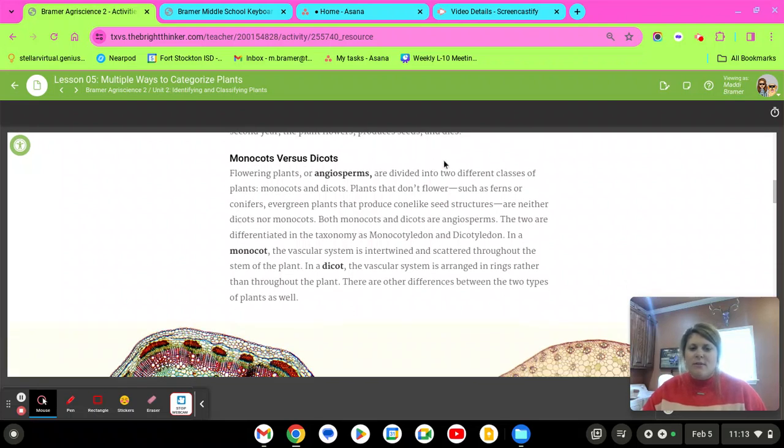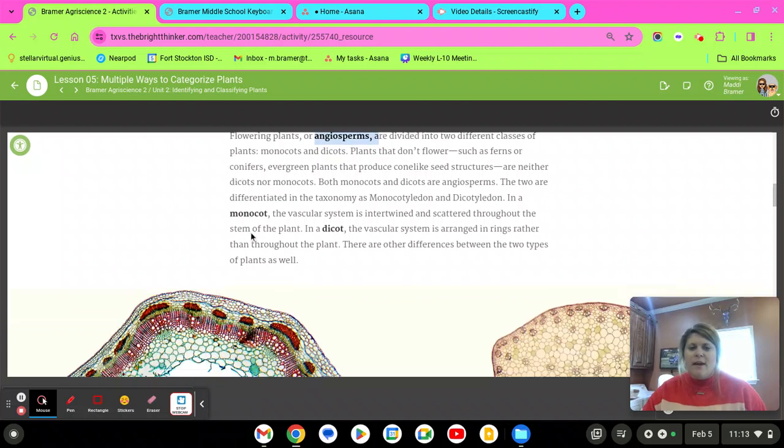Then there's monocots versus dicots, another common way they're classified. Flowering plants, which are also called angiosperms, are divided into monocots and dicots. Plants that don't flower, like ferns, conifers, and evergreen plants, are neither dicots nor monocots. So we're talking about flowering plants.